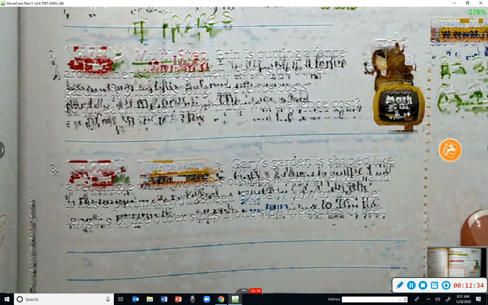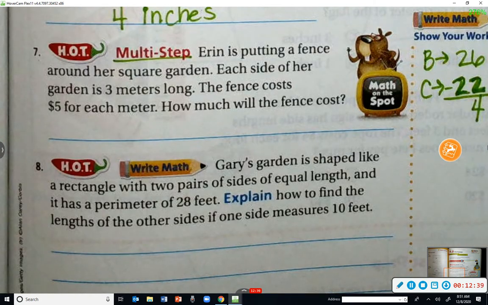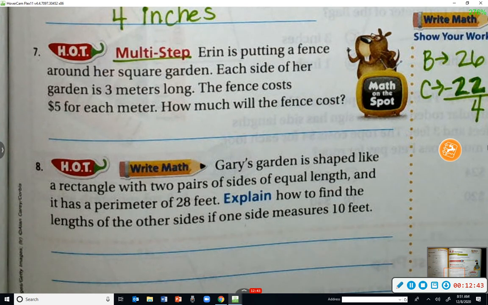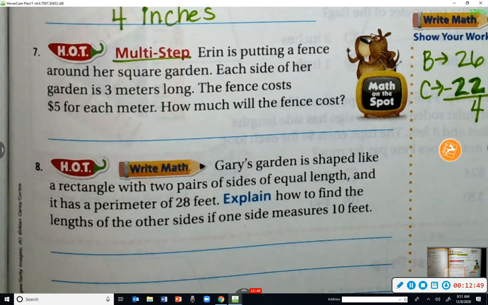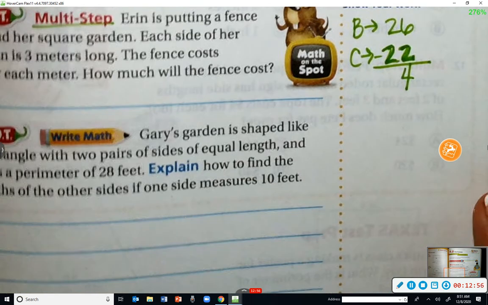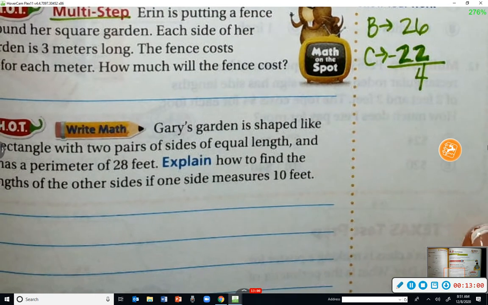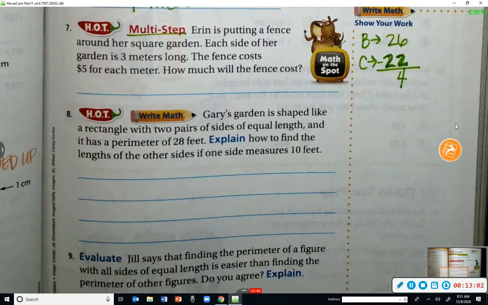Okay, so let's look at the first thing we need to do and figure out the first step. Erin is putting a fence around her square garden. Each side of her garden is 3 meters long. What do we need to do right there? If I'm doing a garden with a fence around it, what am I trying to find?